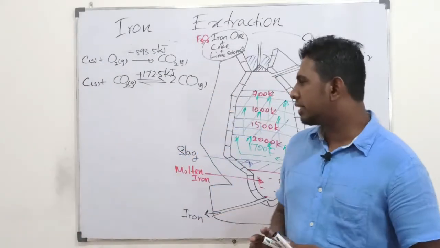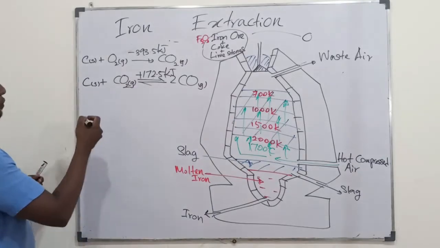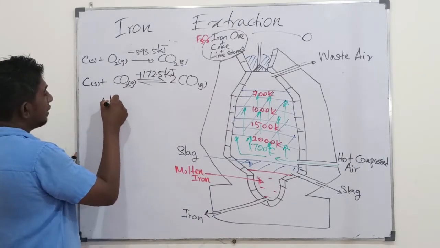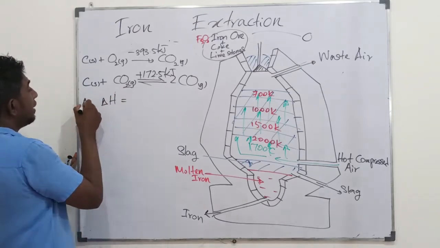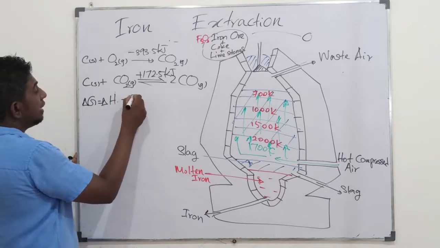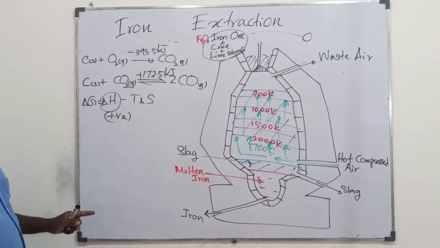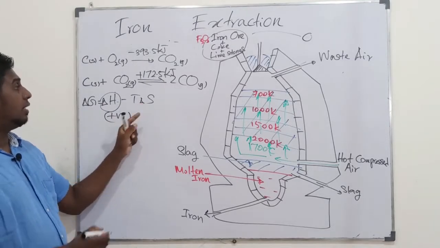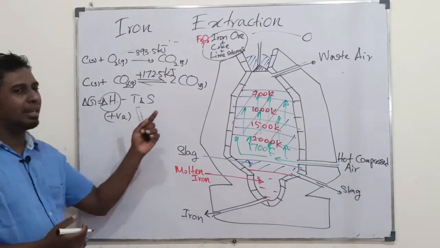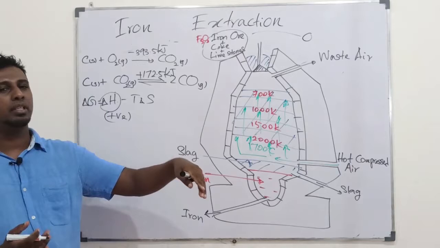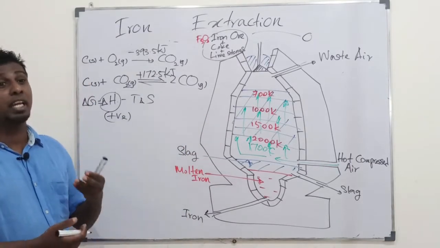Anyway, the temperature at the bottom is very high. If you apply the thermodynamic equation, delta G equals delta H minus T delta S, though delta H is positive, endothermic, the number of gas molecules on the left side is 1 and on the right side is 2. 1 becoming 2 means the entropy change is positive; entropy gets increased.